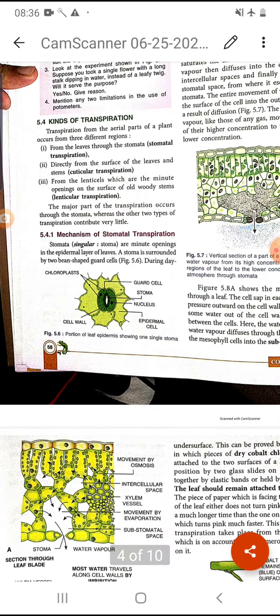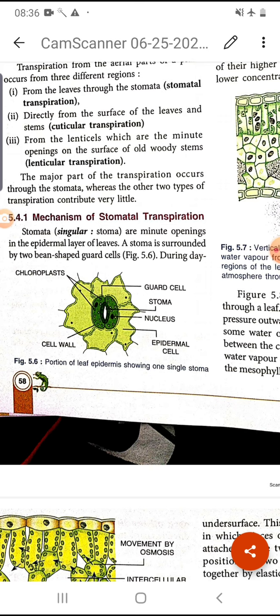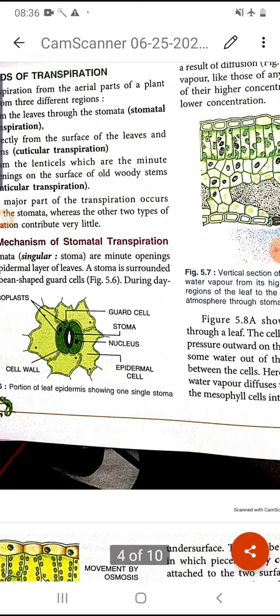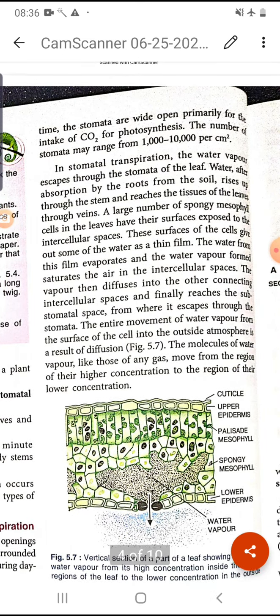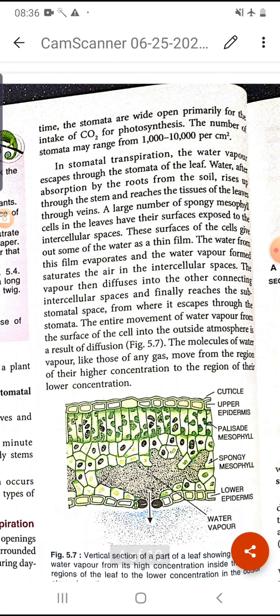So stomata are minute openings in the epidermal layer of the leaves. Epidermal layer means the outer layer of the leaves. A stoma is surrounded by bean-shaped guard cells, as you can see in this diagram. During daytime, the stomata are widely open, primarily for the intake of carbon dioxide for photosynthesis.